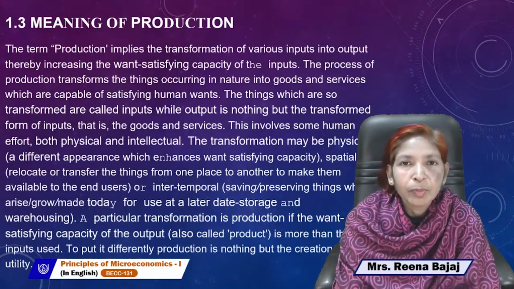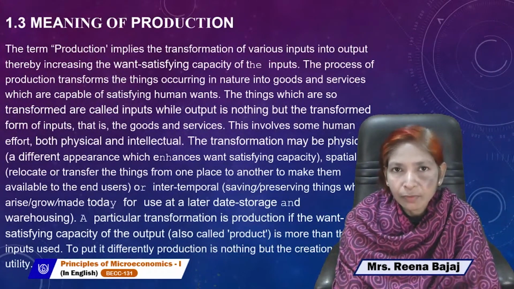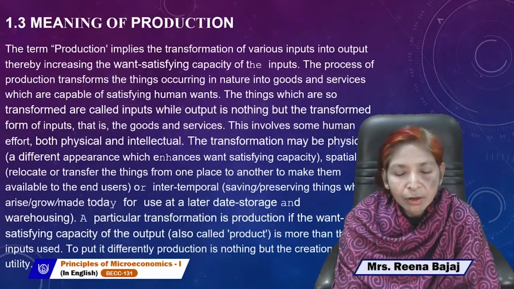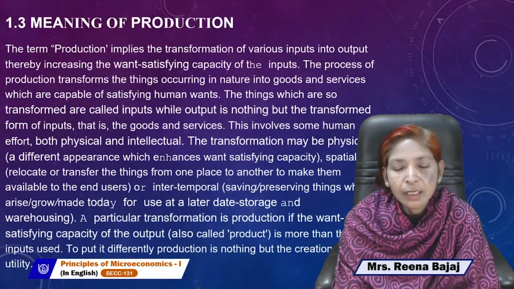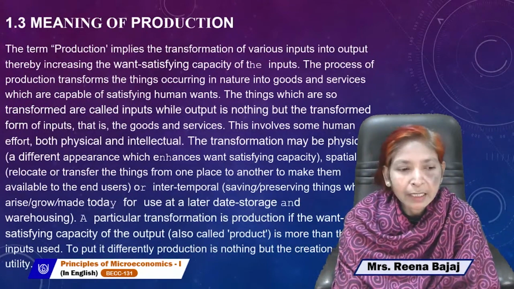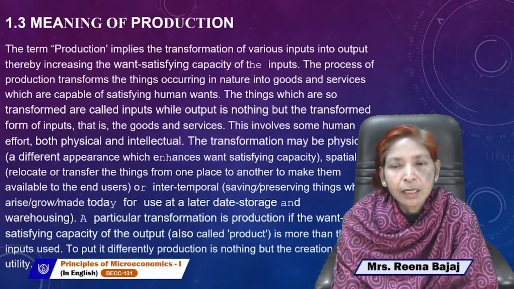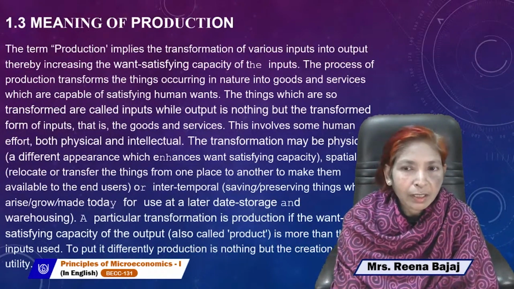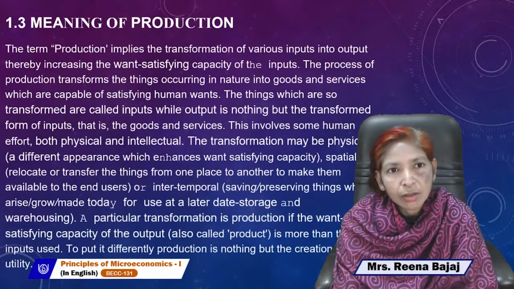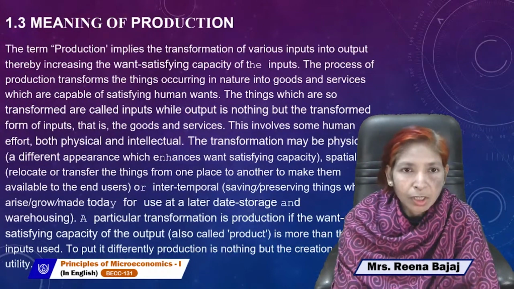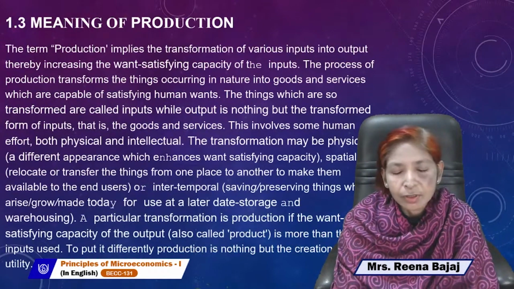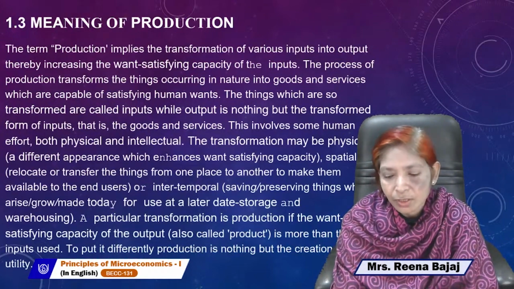It means when we produce goods and services for the satisfaction of human wants, we are converting raw material into finished goods. We are creating the utility of that commodity so that when input is converted into output, that is called production.